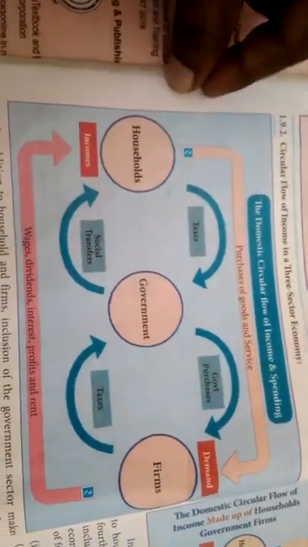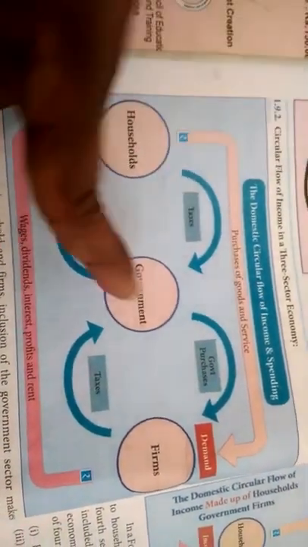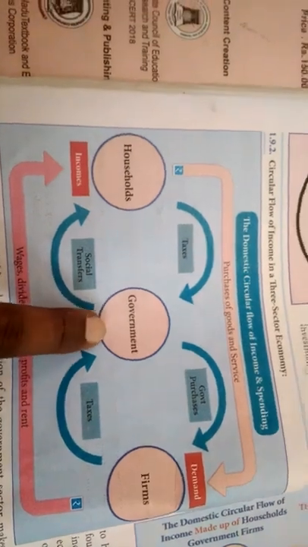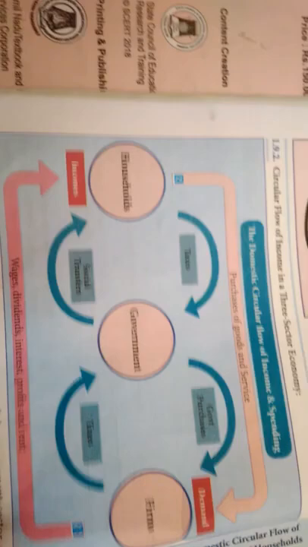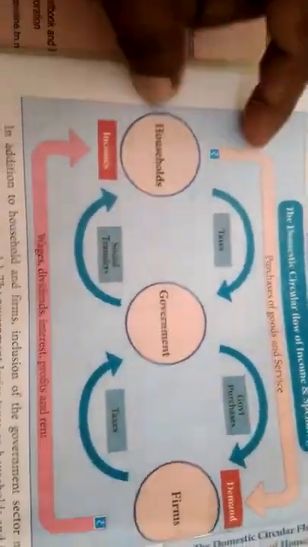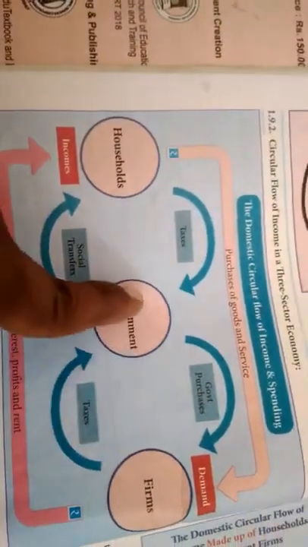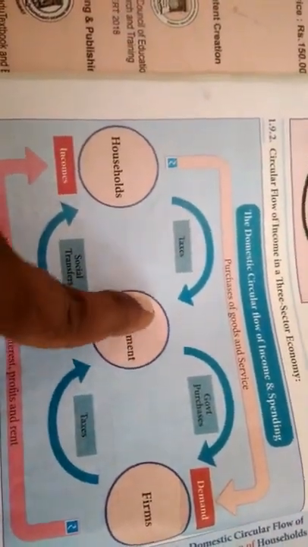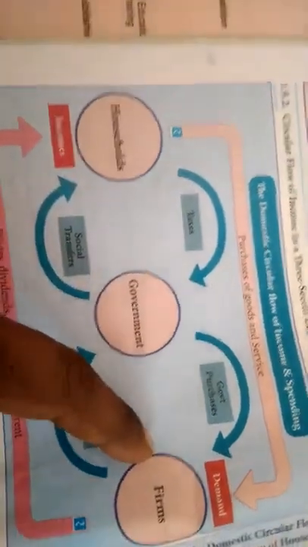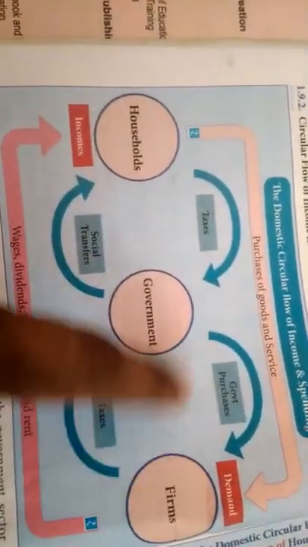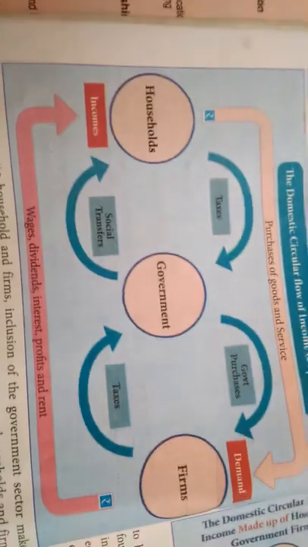Now in this three sector model, another sector comes in between the household and the firms. Why are we taking the government? Because the government also provides more benefit to the firms and the household.